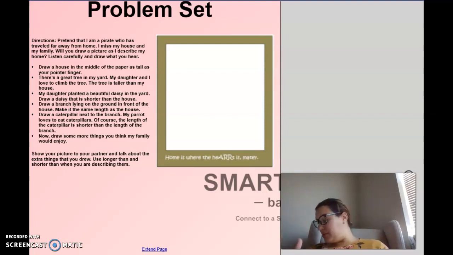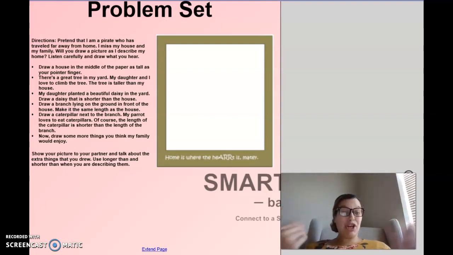I want you not only to complete those problems on the Google form, but the last thing on the Google form says, did you send a picture of your drawing to your teacher? And on that drawing, I want you to add whatever you think would make that house complete. Maybe it's some more animals outside, or maybe it's some more plants, anything you want, and send it to your teacher.